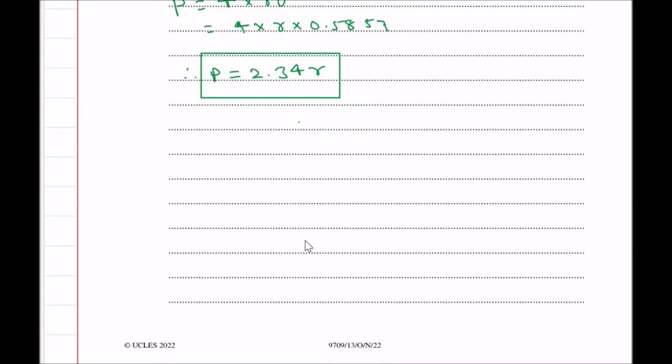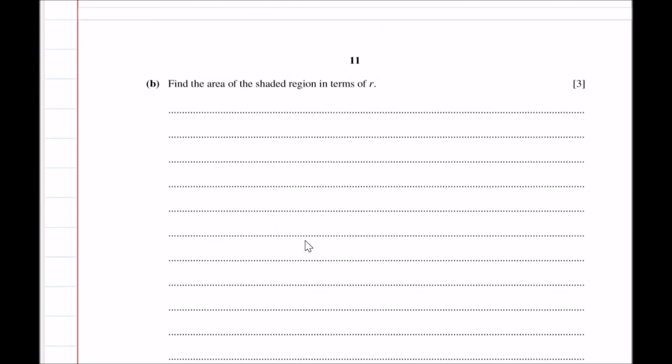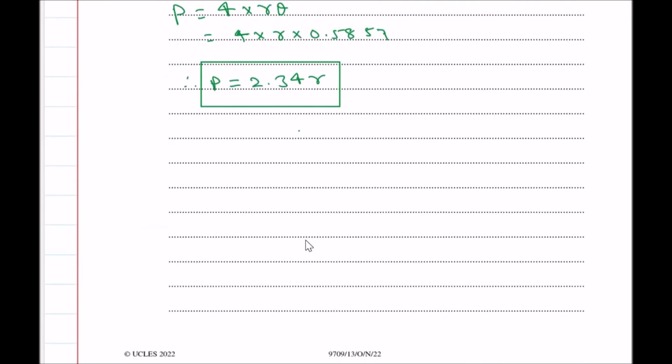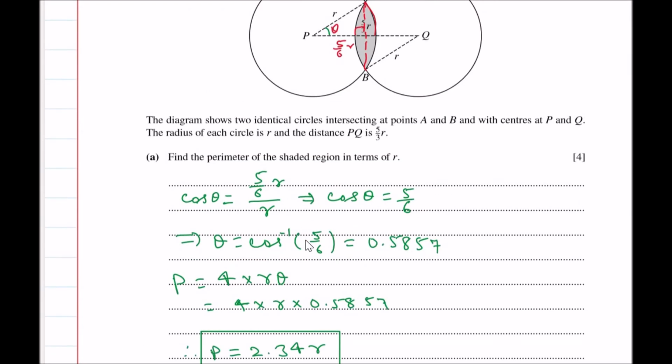Alright, let's go to the next part. Find the area of the shaded region in terms of r. To find the area of the shaded region, what we need to do? We can find area of sector PAB. So let me join this to get the sector.